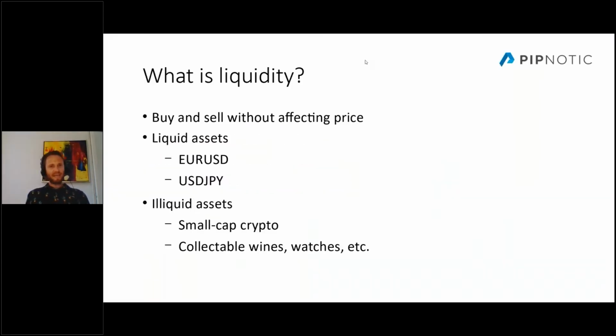Then we have illiquid assets, and illiquid means that you don't have someone on the other side of your order all the time. So you don't have someone who's always willing to buy and sell. And these include small cap crypto projects. We have tons of these now. If you go to your Atomic Wallet and sort by the 24-hour difference in price, and you look at the ones that have gone up like 14,000% today, you think, oh my goodness.